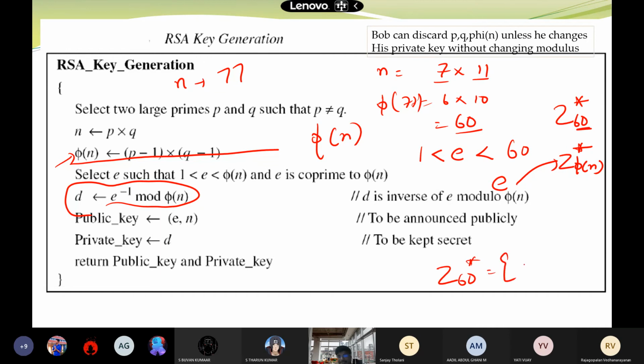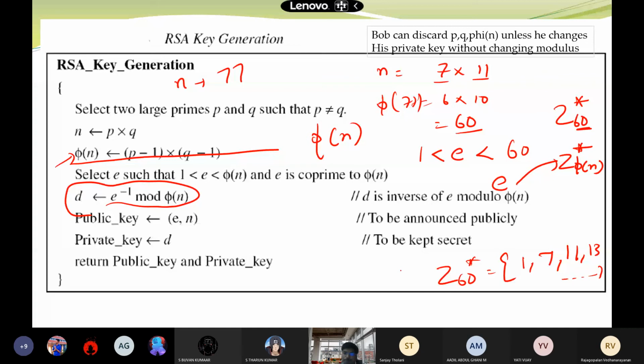Some of the elements in Z60 star, can you tell me? 1 will come. Anything else? 7. 7 will come. Very good. Then? 8 will not come. 9 will not come. 10 will not come. 11 will come. Then? 13. 13 will come. So it will go on.